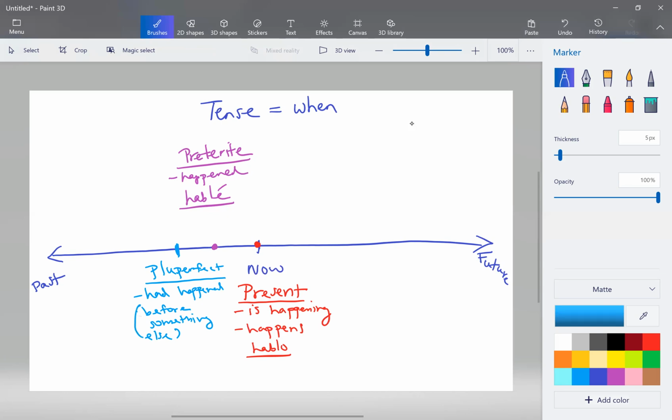And what might that sound like? If hablo is speak or talk and hablé is spoke or said, then what would this be like? Había hablado.